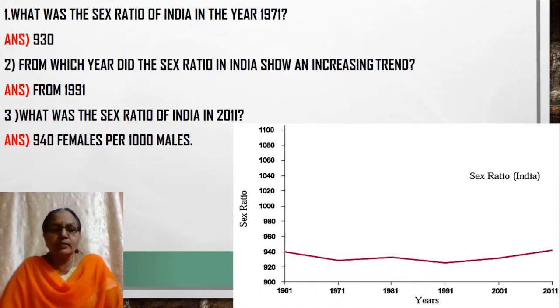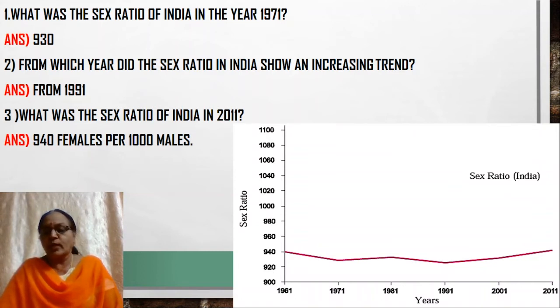From which year did the sex ratio in India show an increasing trend? Now, look at the graph here. You will find in the year 1971, there was a decline in the sex ratio, and it picked up in the year 1981 and again declined in 1991.